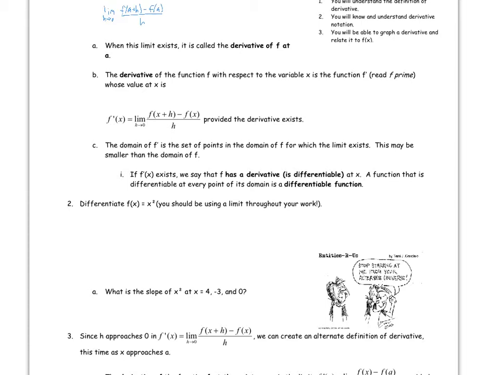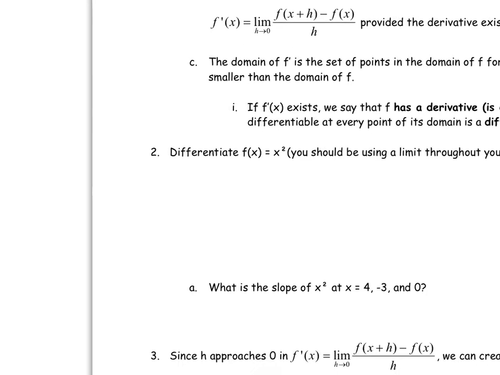So number two says differentiate. Well, to differentiate means to find the derivative, which means you do that limit definition that we just wrote up top. So we're going to do the limit as h goes to 0 of f of x plus h, which is x plus h squared, minus x squared, which is f of x or f of a.